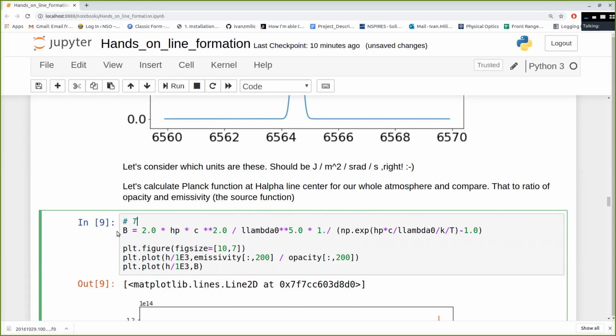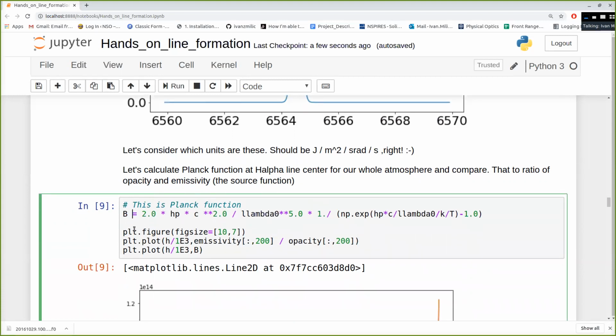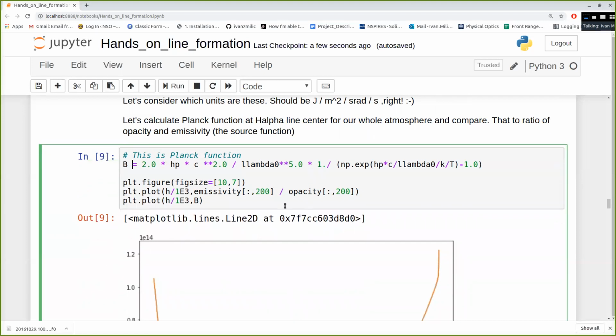What I meant is this is the Planck function, and I'm using the definition that uses the wavelength, so it's 2hc squared over lambda to the 5 times 1 over e to the hc over lambda kT minus 1, right? I'm going to have one value of the Planck function for each depth, and I'm picking some random wavelength.